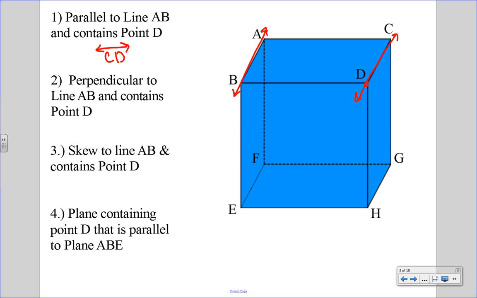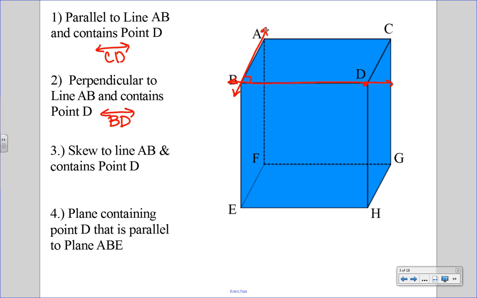All right, the next one says, find something that's perpendicular to line AB and contains point D. Well, since this is a cube, those corners are 90 degrees, so BD has to be your perpendicular line.